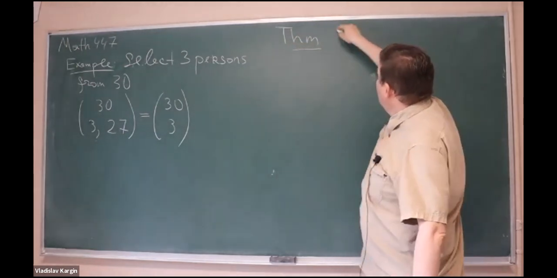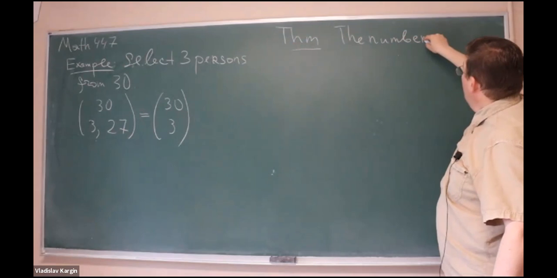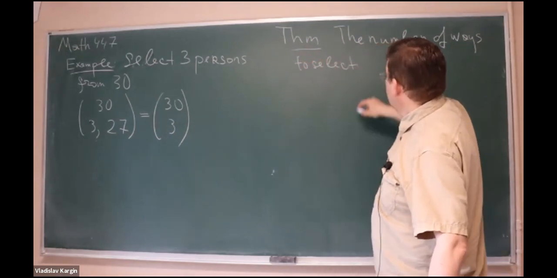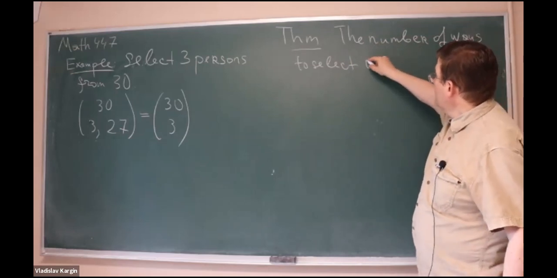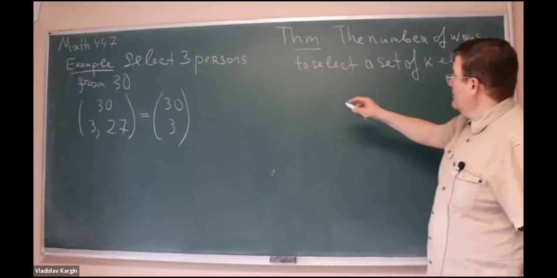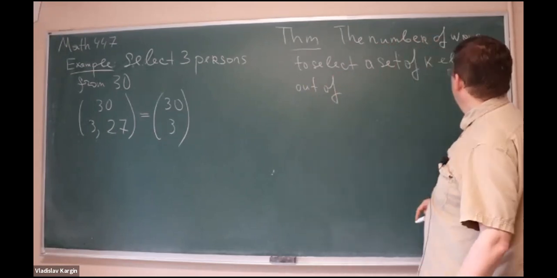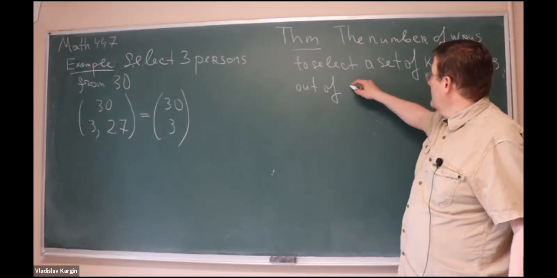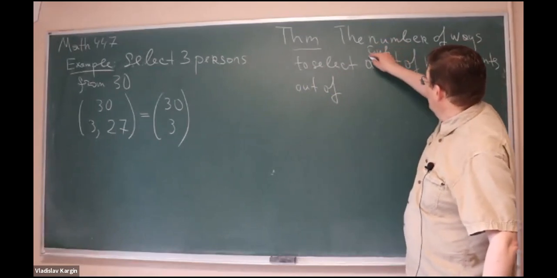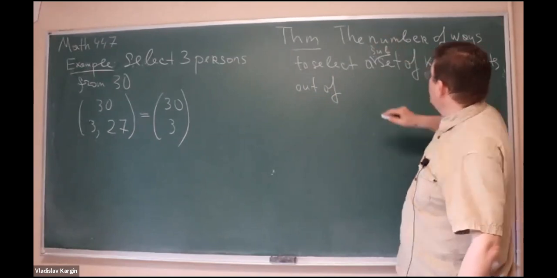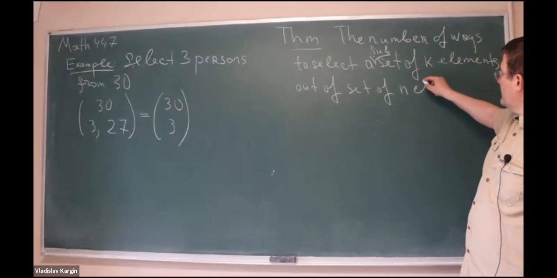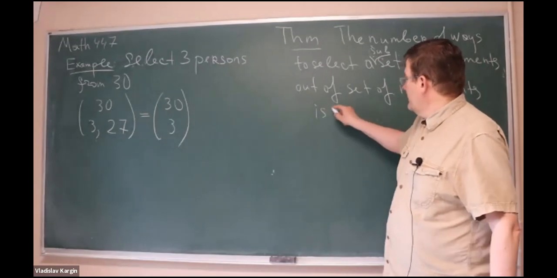So the theorem says that the number of ways to select a subset of k elements out of a set of n elements is (n k).